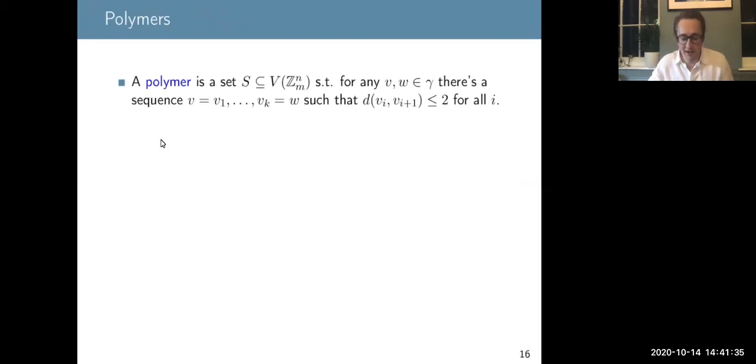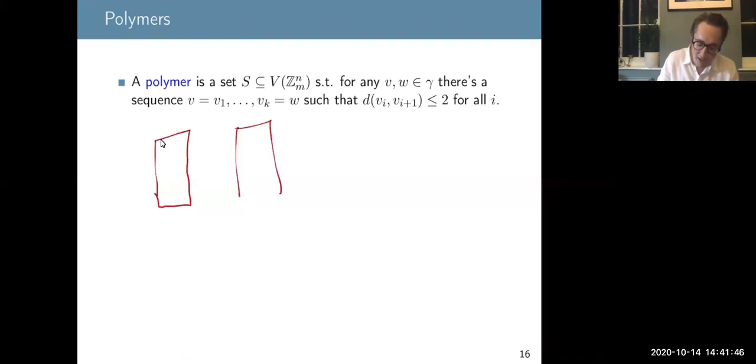Okay, so a polymer is going to be a set of vertices in my torus, which I kind of want to just call a connected set. Of course, that doesn't really make any sense if my set S is, like, in the odd sublattice. So what a polymer will be is a set of vertices such that between any two of the vertices, I can create a path where these all have distance at most 2.